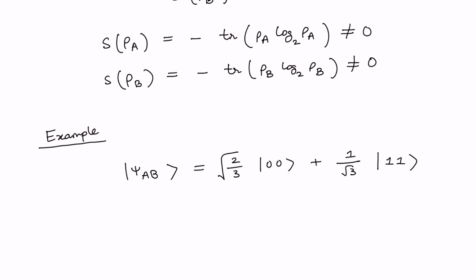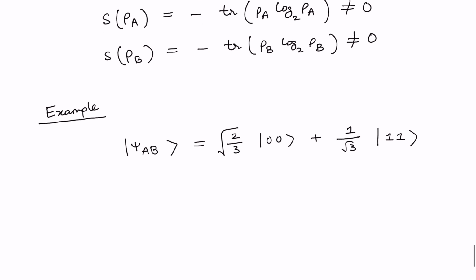Now we have to find out whether systems A and B are entangled or not. Here the first 0 as usual refers to system A, and the second belongs to system B. Similarly here, the first 1 belongs to system A and the second belongs to system B.